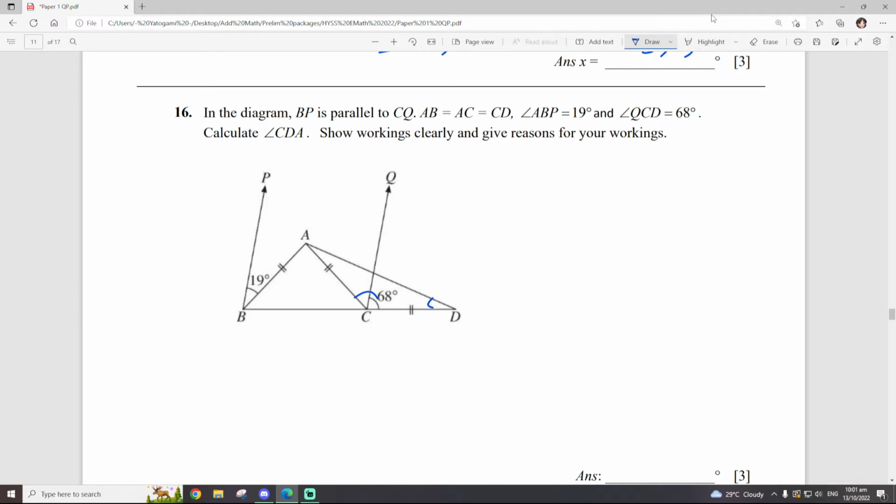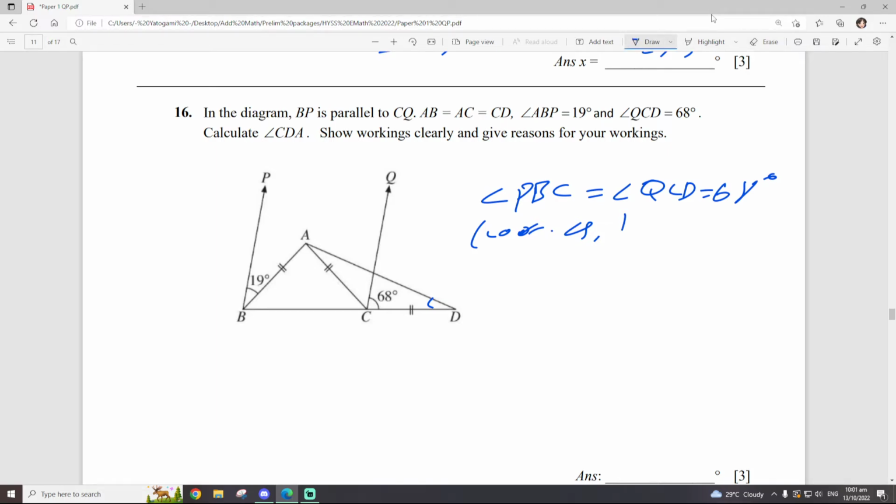So we have, oh, this is 68 degrees also. PBC. Let's start with that. So angle PBC equals angle QCD equals 68 degrees because of corresponding angles. And what are the parallel lines? BP and CQ, right?